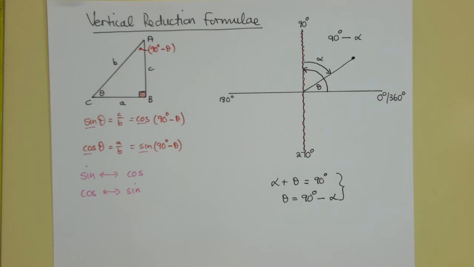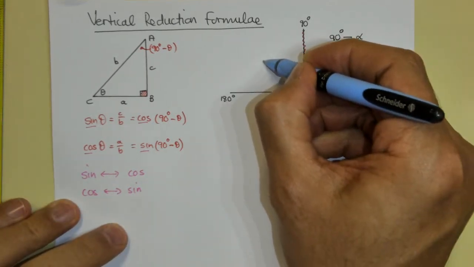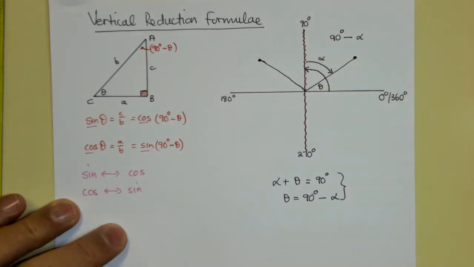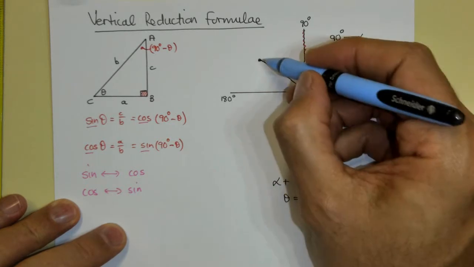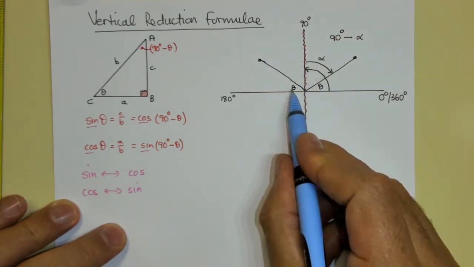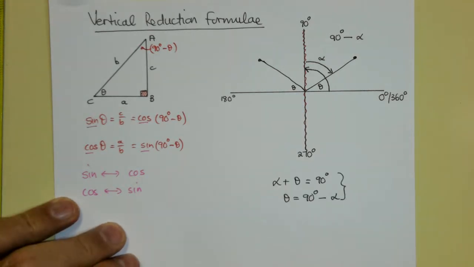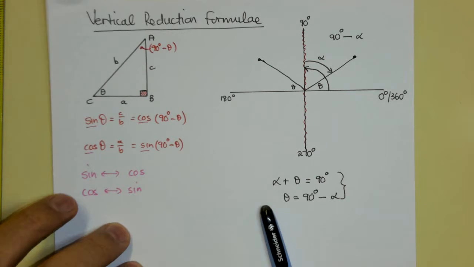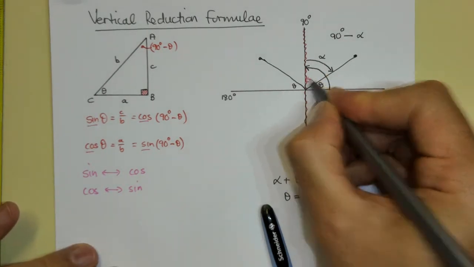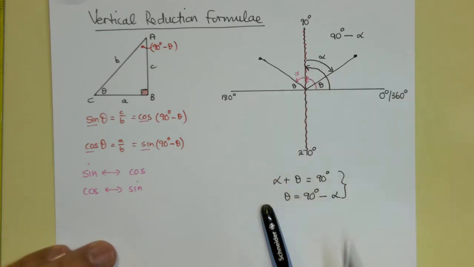Exactly the same thing. Now if I reflect, like I did before, that terminal point in the y-axis, then I can see this angle has repeated over here, like it did for horizontal reduction. But to get to that angle, I can now go clockwise 90, and then I bounce on alpha degrees.